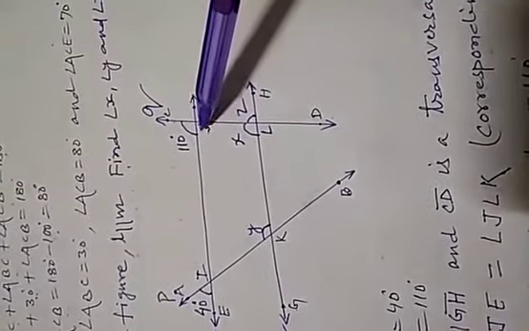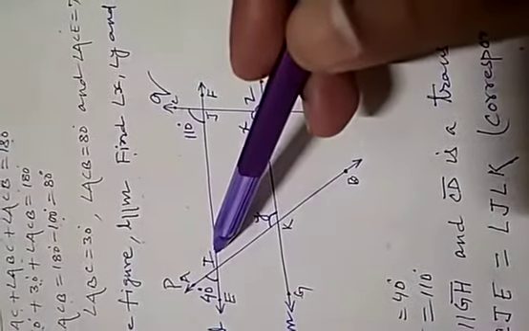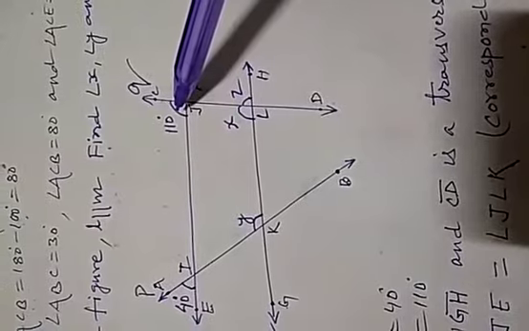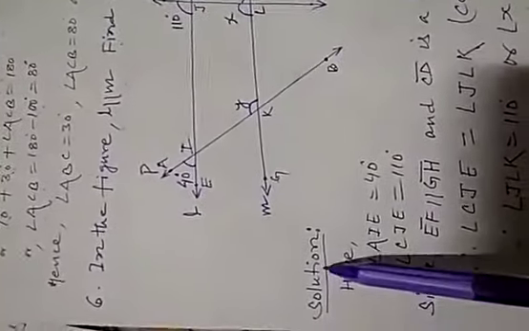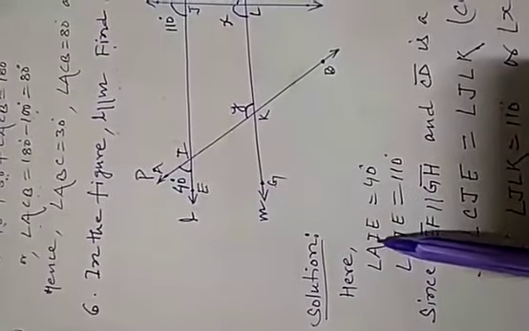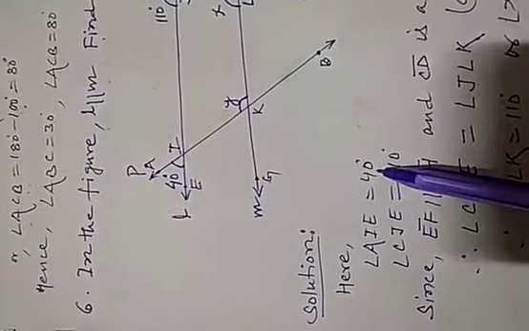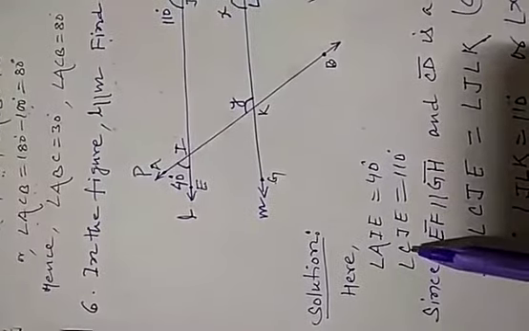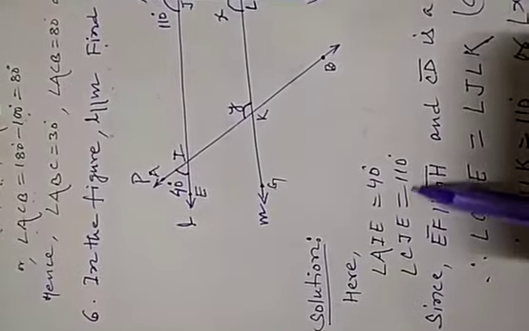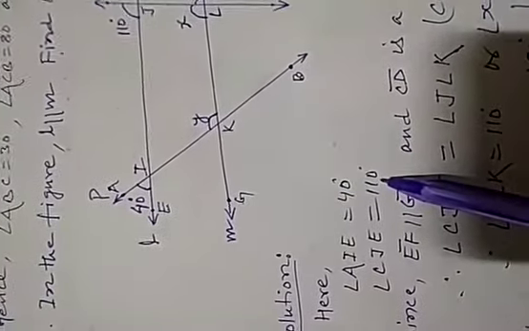Angle CJI equal 110 degree. Solution is here. Angle AIE equal 40 degree. Angle CJE is equal 110 degree.